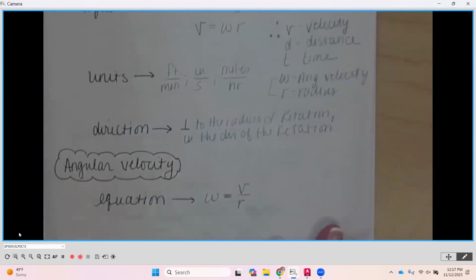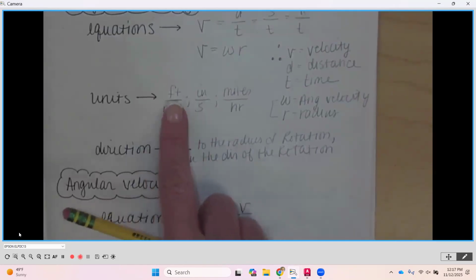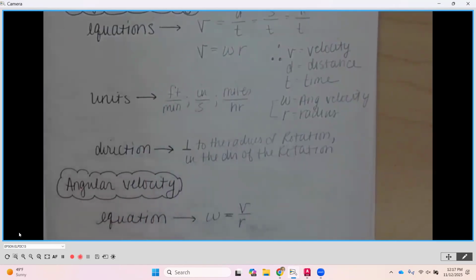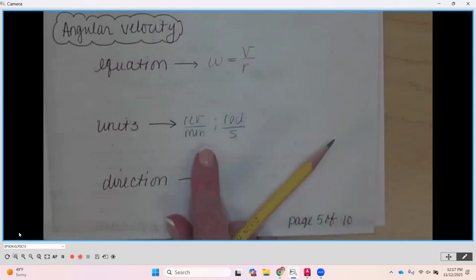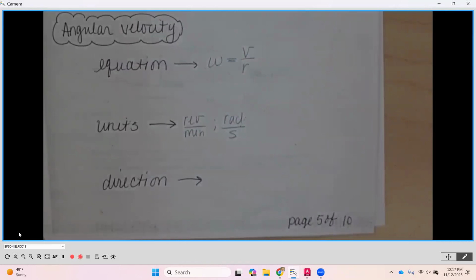Up here, straight line velocity is going to depend. If we're in English units, it's going to be feet, inches, miles, right? If it's metric, it's going to be millimeters, centimeters, meters, kilometers, per whatever unit of time. But down here, the units remain RPMs, which is universal, and radians per second, so that's going to be universal as well.